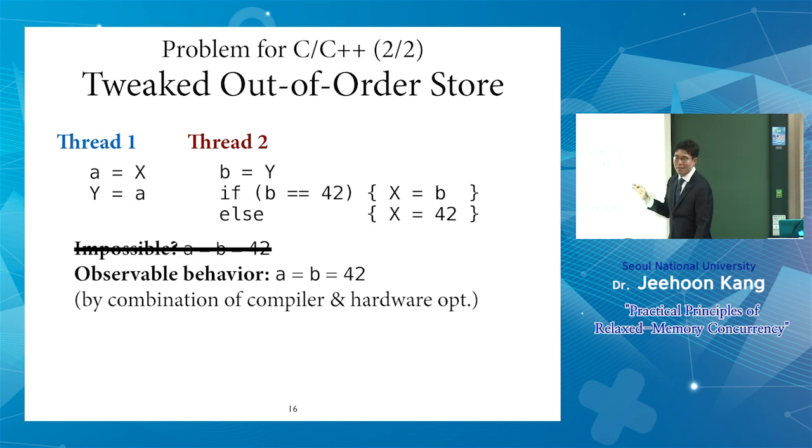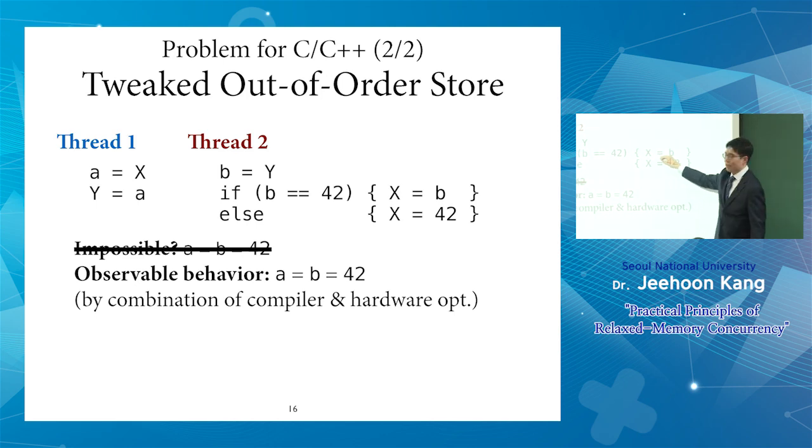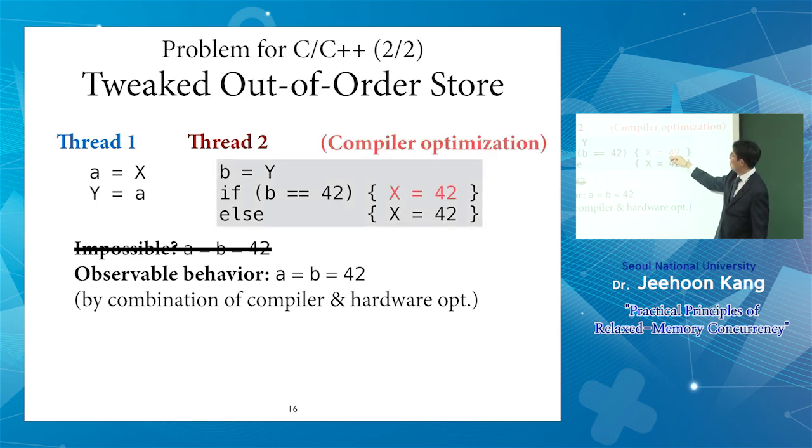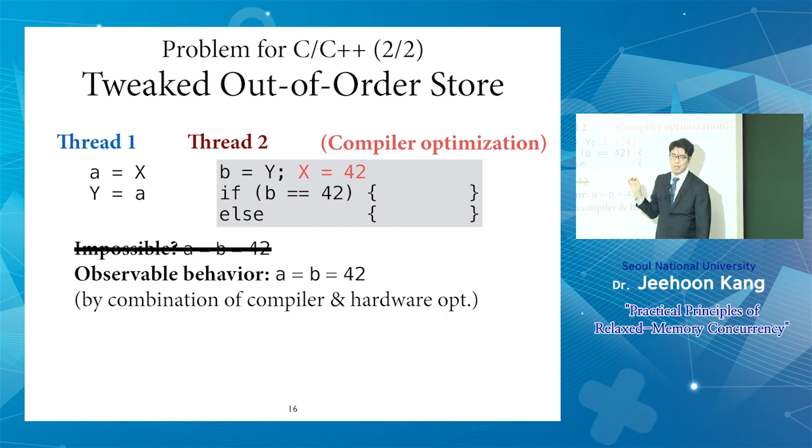Because the compiler sees that B should be 42 in this branch because you are going through this condition. So it replaces B with 42. Then after that, you can see that these two instructions are the same, so you hoist it out of the branch. Then if you execute this program, you can see the behavior because this is the proper out-of-thin-air behavior.